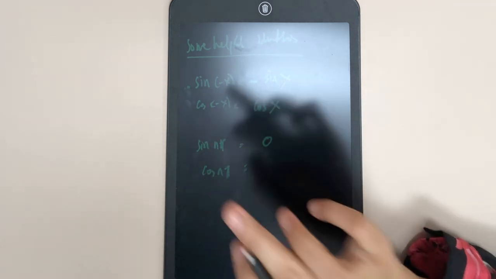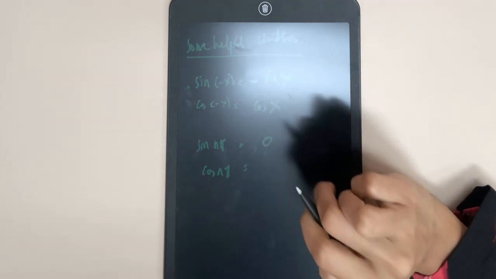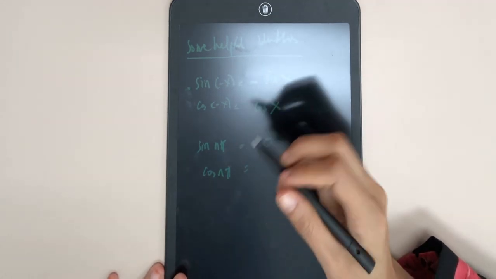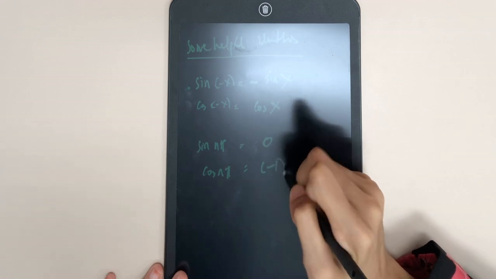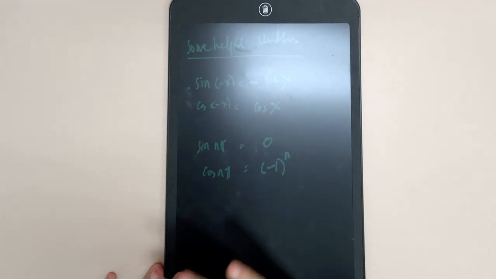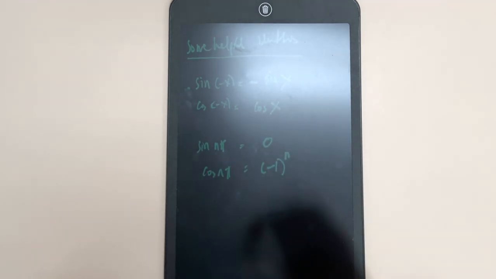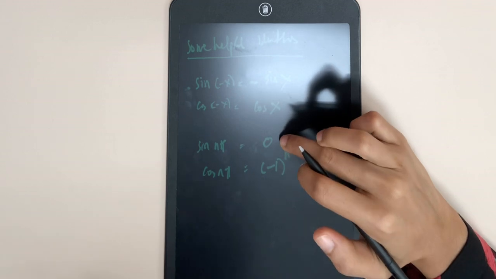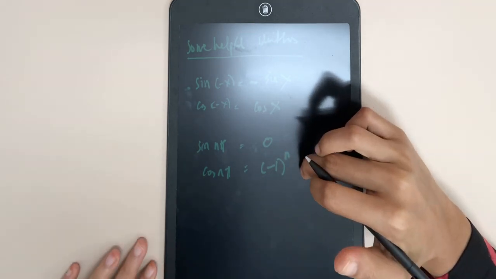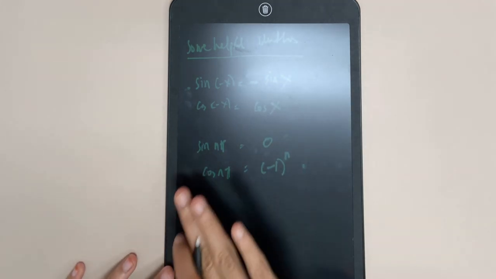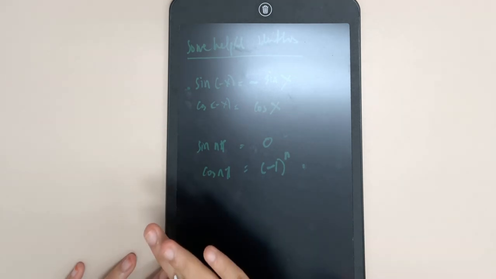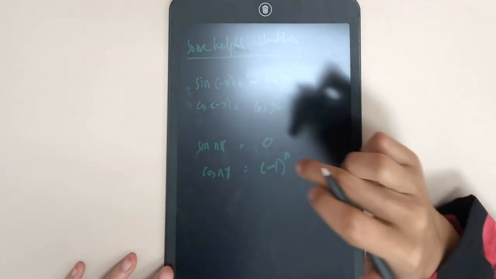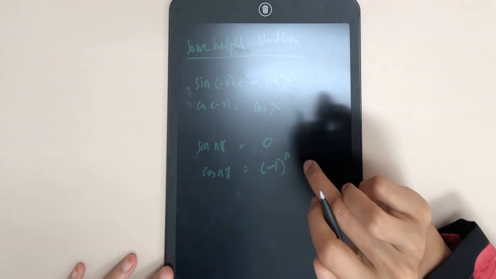So sin n pi is equal to 0, while cos n pi is equal to negative 1 to the power n. So when you see the terms sin n pi and cos n pi in your equation, you just replace them with 0 and negative 1 to the power n. Dah tak ada dah cos n pi and sin n pi. You need to substitute with this.